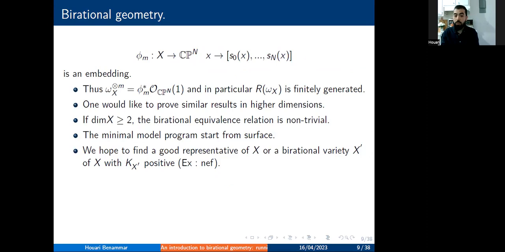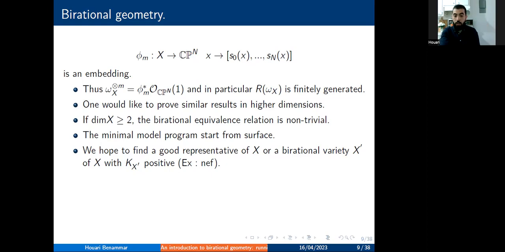And in particular, the canonical ring is finitely generated because for every m prime bigger than m, we have the same embedding. So all the sections are written as these previous sections. So this is good. Yeah, so this is finitely generated.